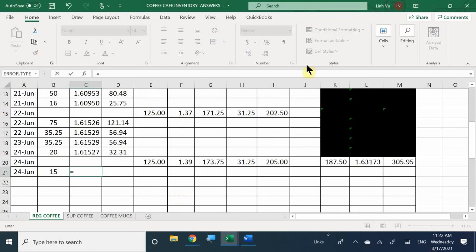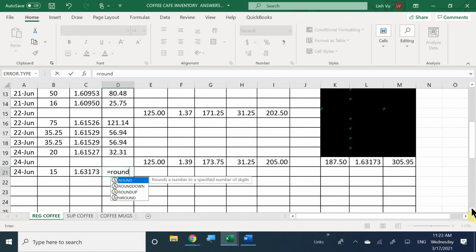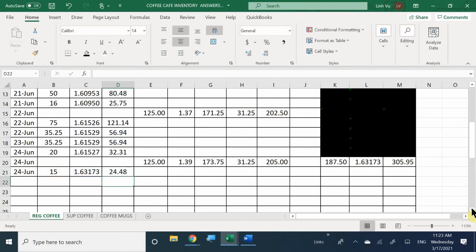All right, at this price, so what is going to be my total cost of goods sold? 24.45. Oh, I have to round. Yeah, 24.48. Yes, 24.48.